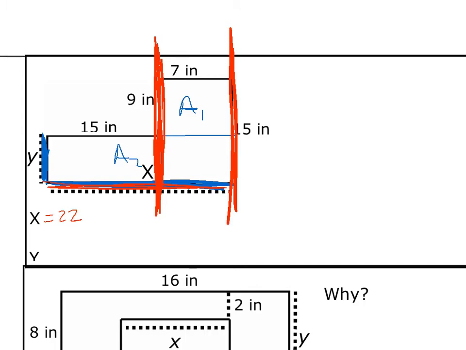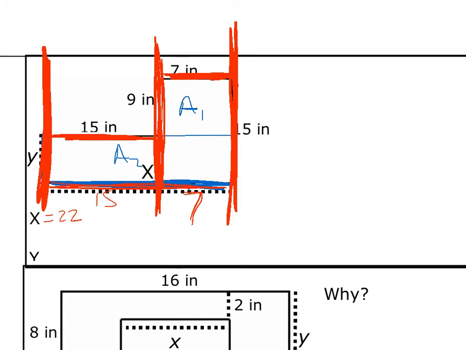On the right side of that dividing line is this chunk here, which we see as 7. On the left side, we have this piece, which we can see the length is 15. So if one part of it is 15, the other part of it is 7, that means the total is 22.